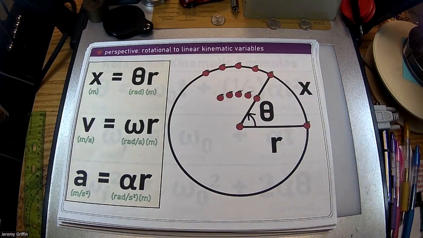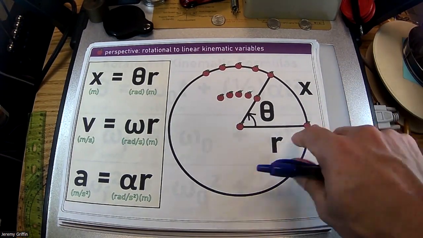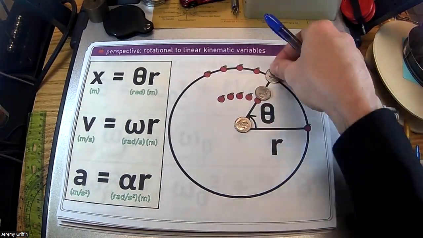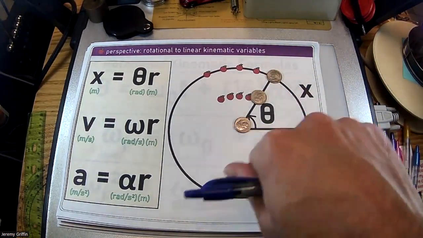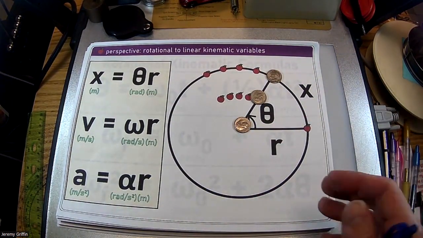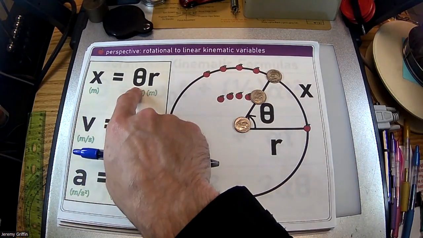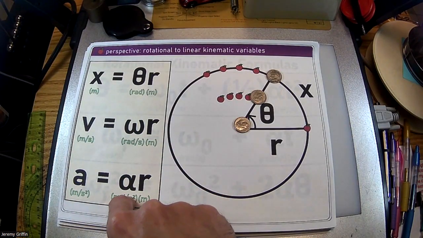Here are those connections. So we've got this turntable rotating, and suppose you put on three Roosevelts. You might compare their linear motion versus their rotational motion. They all have identical rotational motion, but completely different linear motion. So here's how far it's turned, how fast it's turning, and the rate it's speeding up or slowing down rotating.